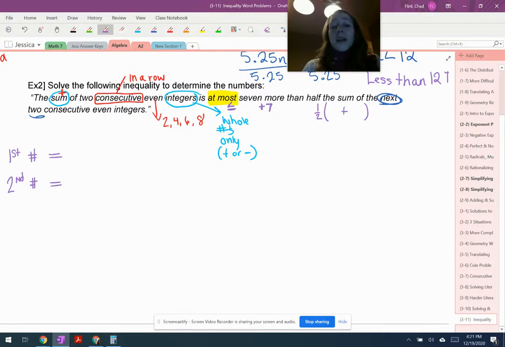What I mean by that is the way I have 2, 4, 6, and 8 listed there. So if 2 is like my first number, and remember, I don't know that. 2, 4, 6, and 8 have nothing to do with this actual problem except for the fact that they're consecutive even integers. So my first number is always going to be that x because I have no idea what it is.